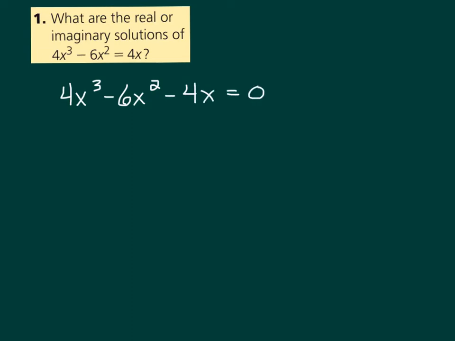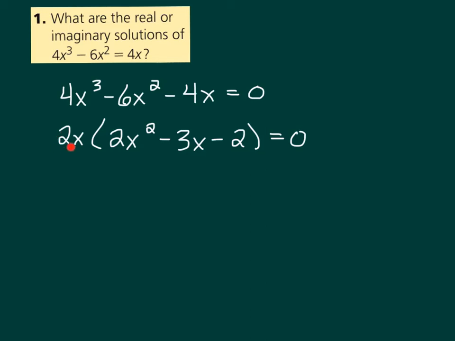This is a cubic polynomial. Can we do something to it so that we can think of it as take out an x? And we could factor out a 2x if we wanted. So we take 2x out, we get 2x squared minus 3x minus 2 equals 0.